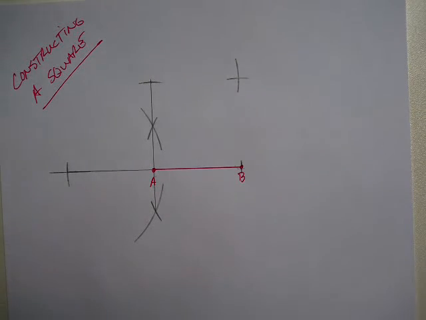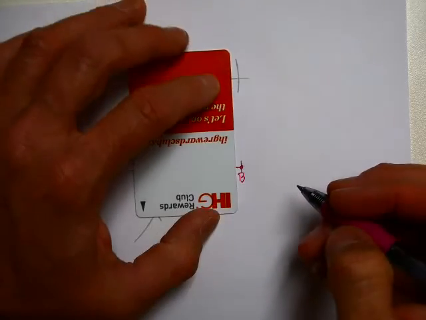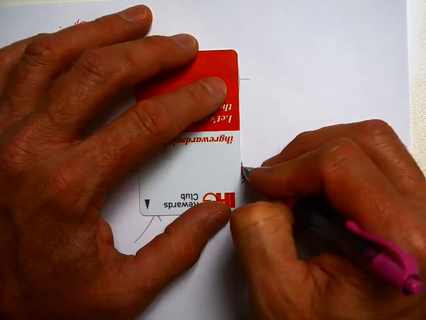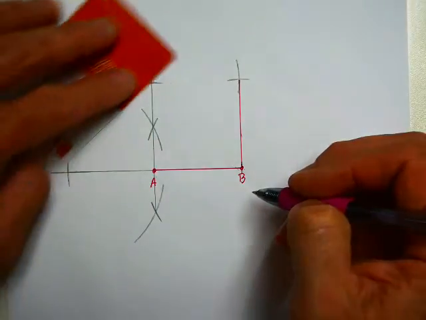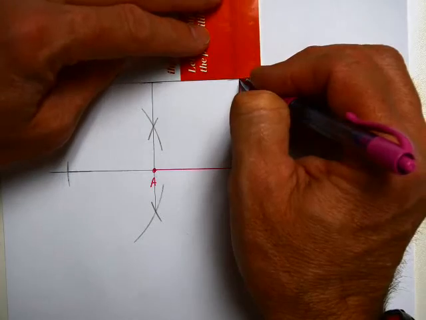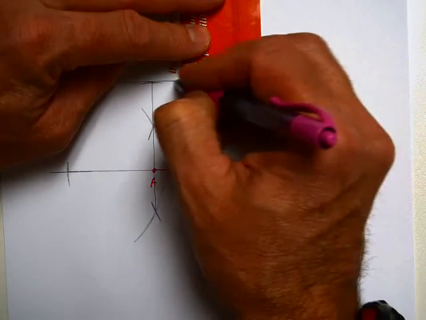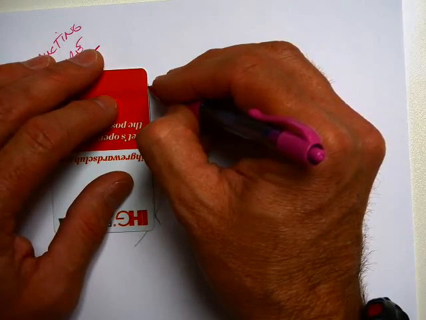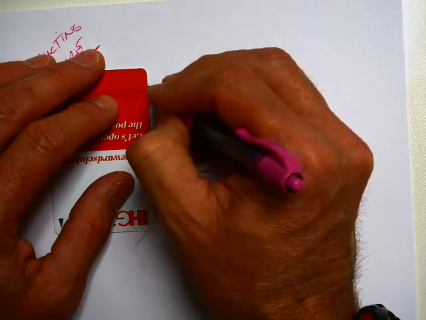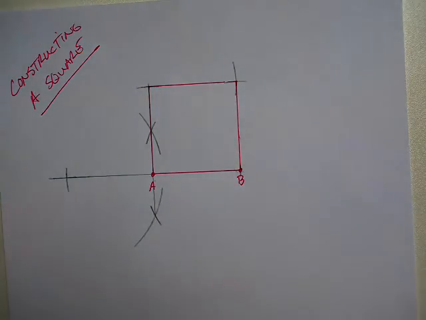And that should be my third point to my square. Let's connect this and have a look. There we go, that looks pretty squarey to me. Good, so making a square.